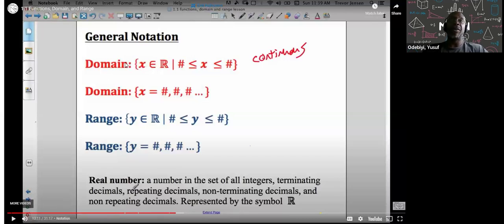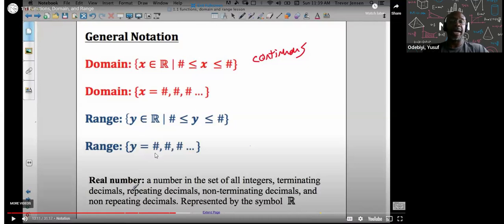When you talk about domain, you talk about x. So x could be any real number. And if it's a continuous line, then it could be between a range, or it could just go on forever, which would be any real number.